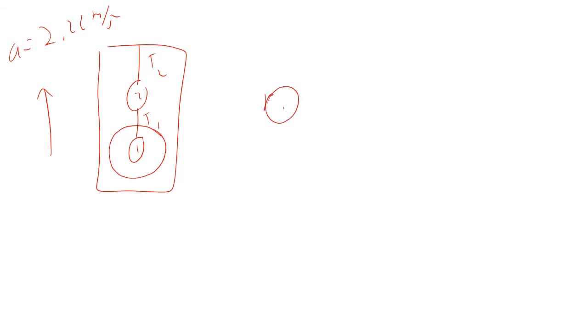So what if this thing is accelerating upwards, at 2.22 meters per second squared? And so I want to do the same problem here. I want to find the tensions. So now I'm going to do the free body diagram for that bottom one. We have a downward force M1G.